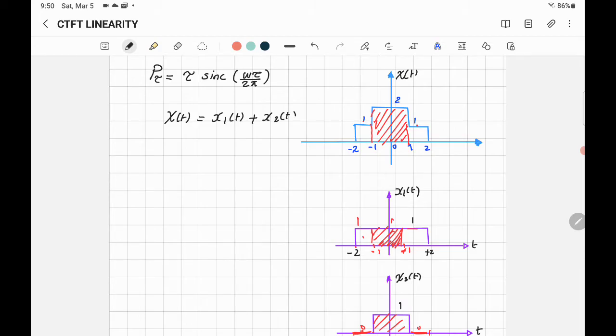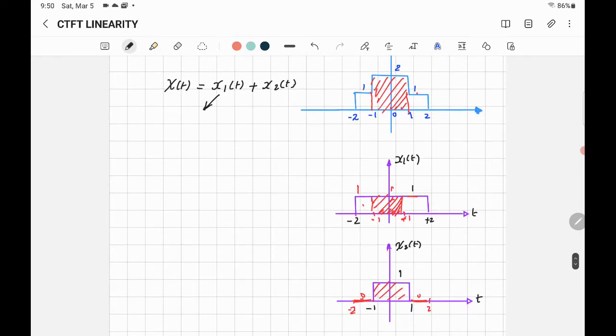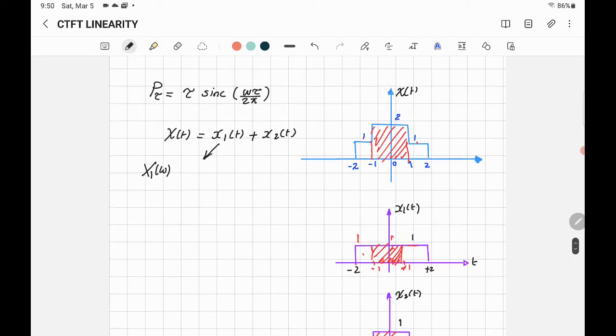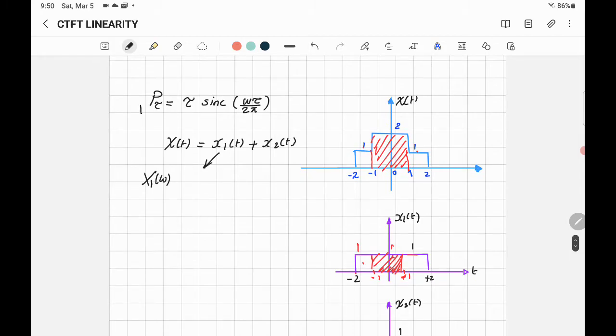Okay. Now we'll try to find the Fourier transform of the first one. We'll call it x1 of omega. It's a rectangular pulse, and that's the formula that you're going to use for a rectangular pulse. We got it from the table. The width is equal to tau. In this case, the width is equal to 4, between -2 and 2.